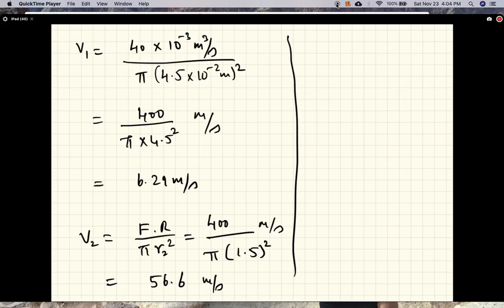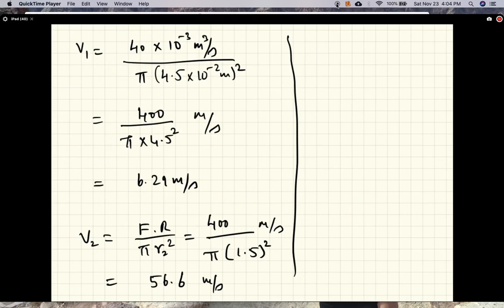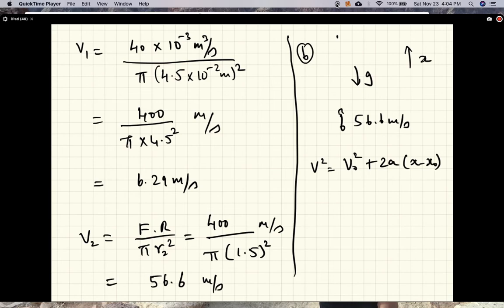That's still part B. You're going to shoot something at 56.6 meters per second. Acceleration g is acting in this direction. What is the maximum height? We'll use the equation v squared equals v naught squared plus 2a times (x minus x naught).